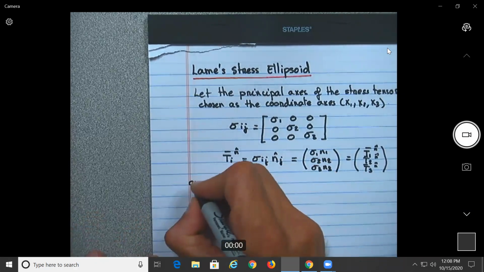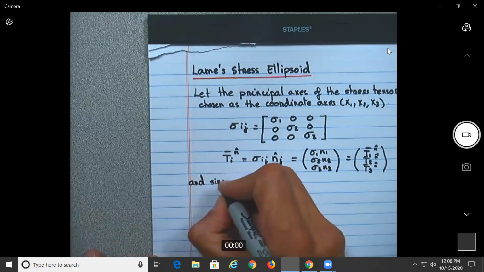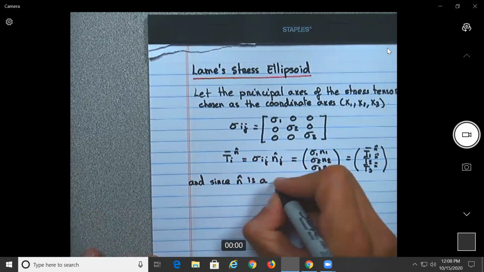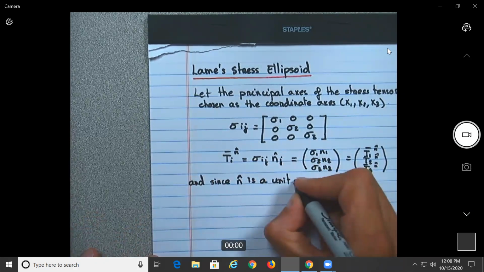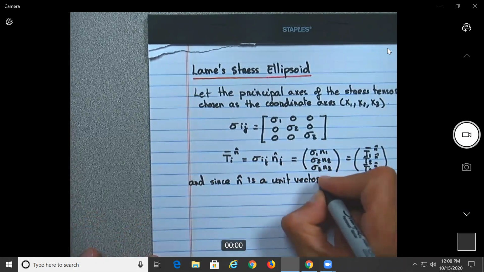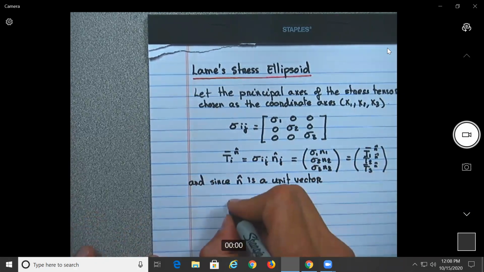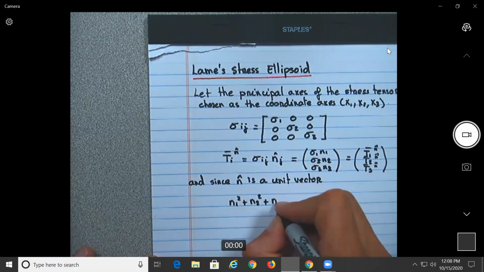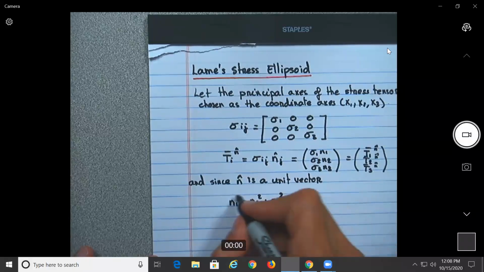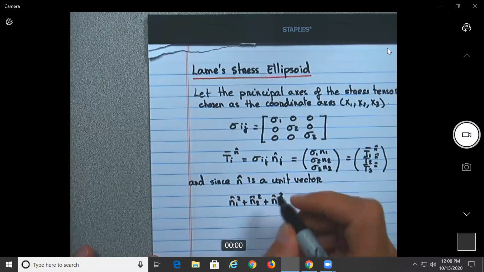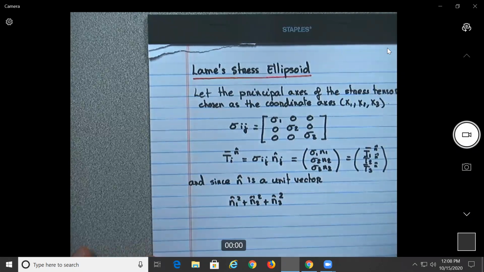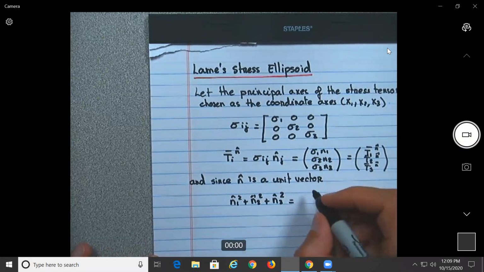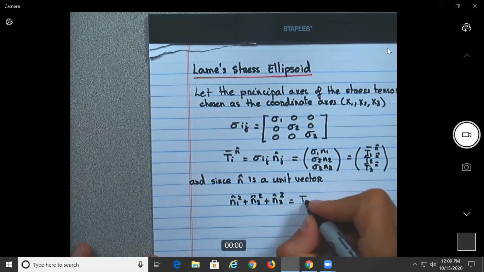And since n hat is a unit vector, n1 square plus n2 square plus n3 square will be equal to 1.